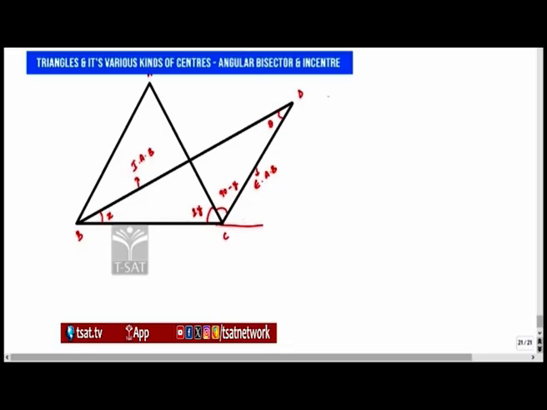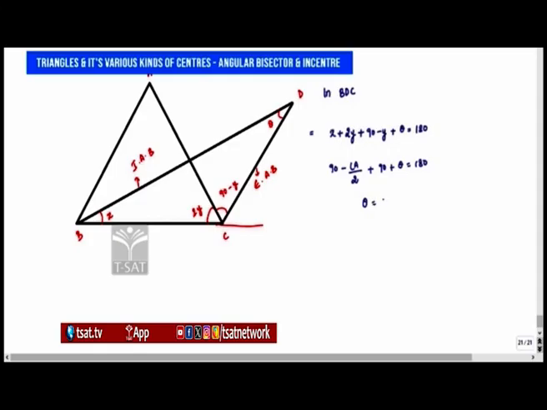Now, consider triangle BDC again. X plus 2y plus 90 minus y plus theta is equal to 180. X plus y, you got it. X plus y is nothing but 90 minus A by 2, plus 90, plus theta is equal to 180. 180 gets cancelled.